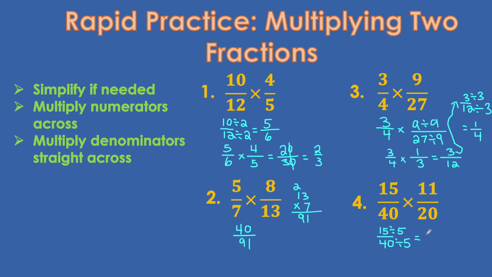Fifteen divided by 5 is 3. 40 divided by 5 is 8. Then we multiply these two fractions. 3/8 times 11/20.